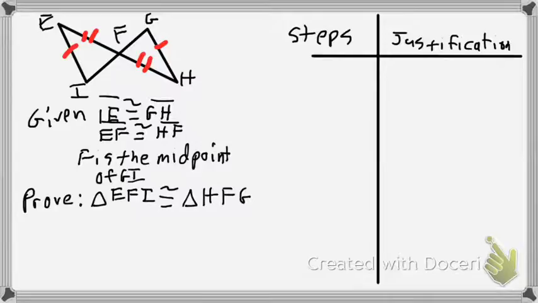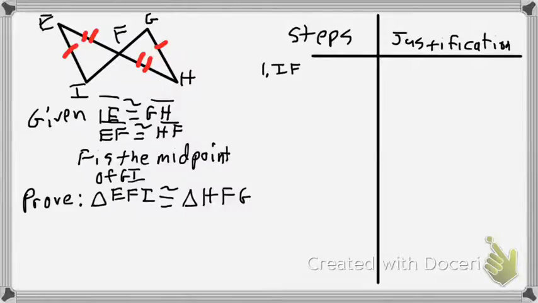We know we're looking for side, side, side here. So what we need to do is put down the information we have and then figure out how we can make sure that we can prove that IF and FG are the same length. This is how we do it.